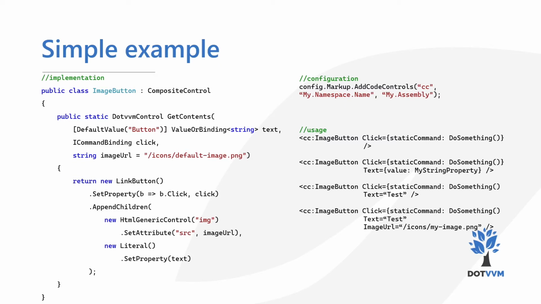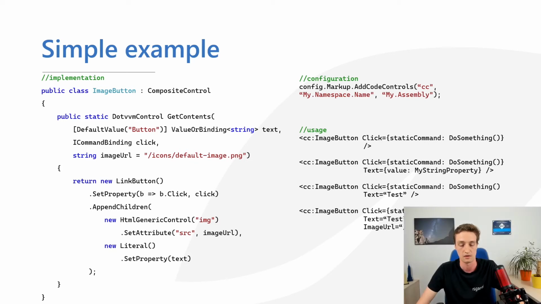If we take a look at the body of the method, it basically reuses the existing native .vvm control, which is link button, which is a simple A tag, and it also passes the property click by simply writing the set property method. And because of the Fluent API, right after the set property, you can just write, for example, next set property, or as we can see here, append children, where you basically say, okay, I want to render some additional components inside my A tag.